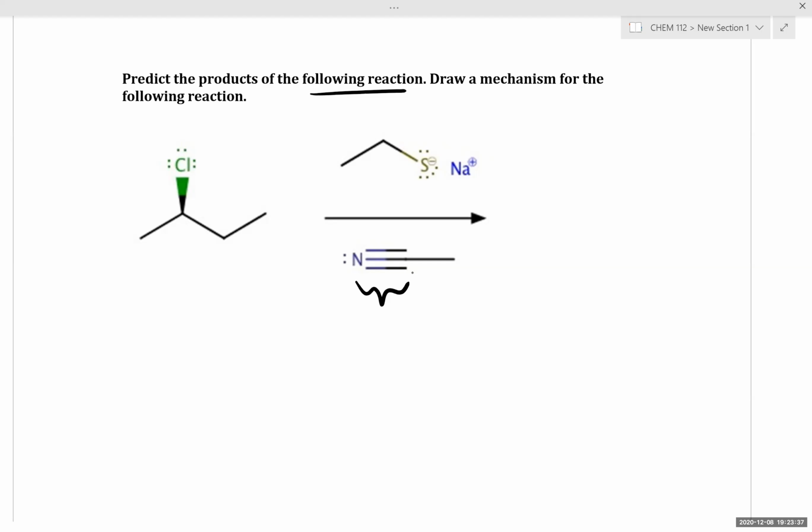What do we think? Acetonitrile, protic or aprotic?